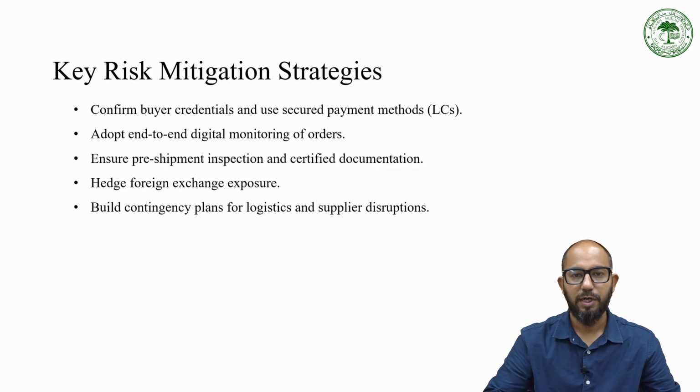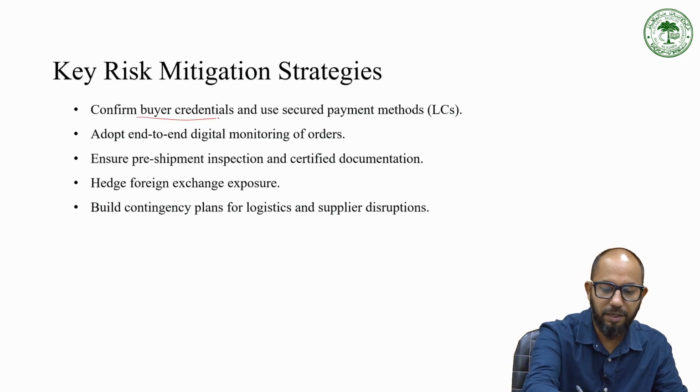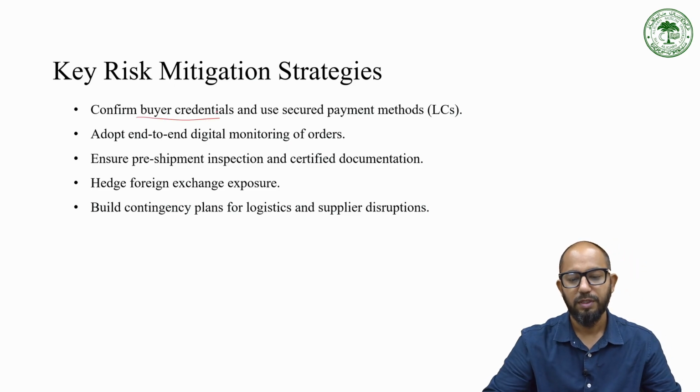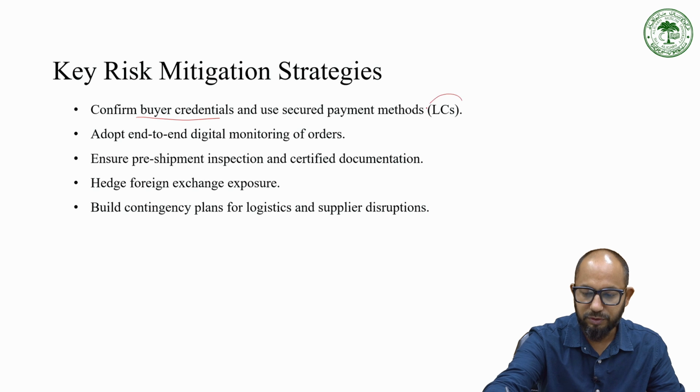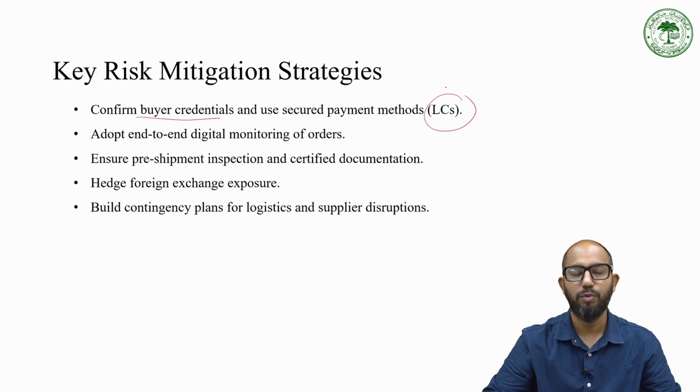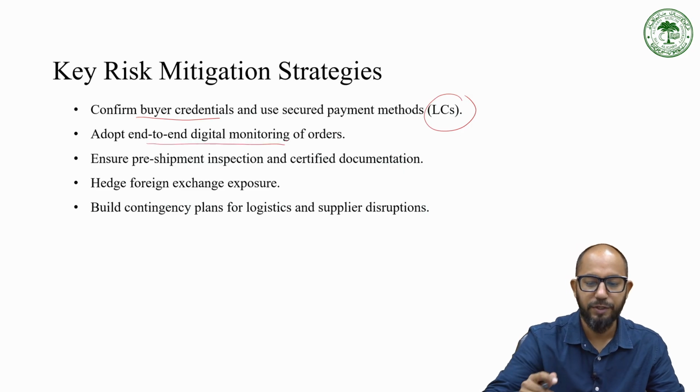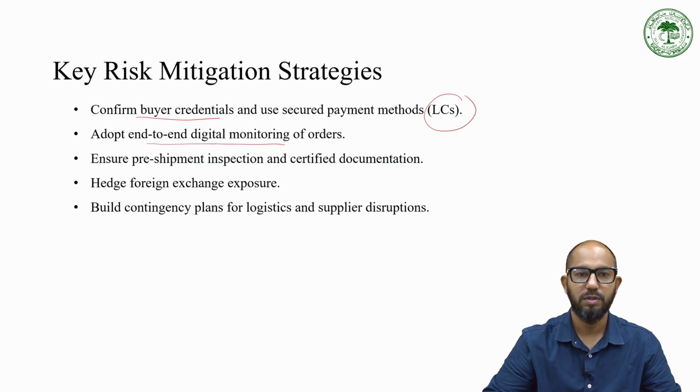Dear students, let us now focus on the key risk mitigation strategies. The first important strategy is to confirm buyer credentials by using secured payment methods such as letter of credit. The second mitigation strategy is to adopt end-to-end digital monitoring of orders.